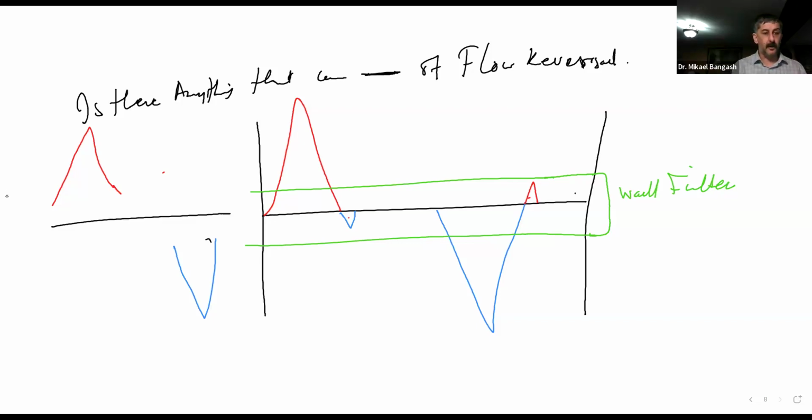Because what was it that the wall filter did? It rejected the low Doppler shifts.